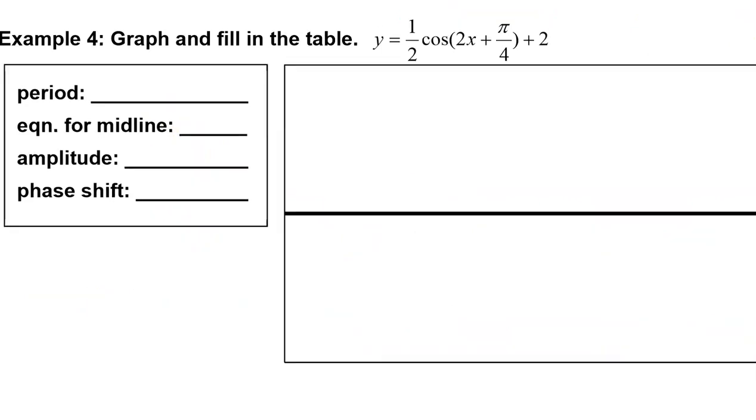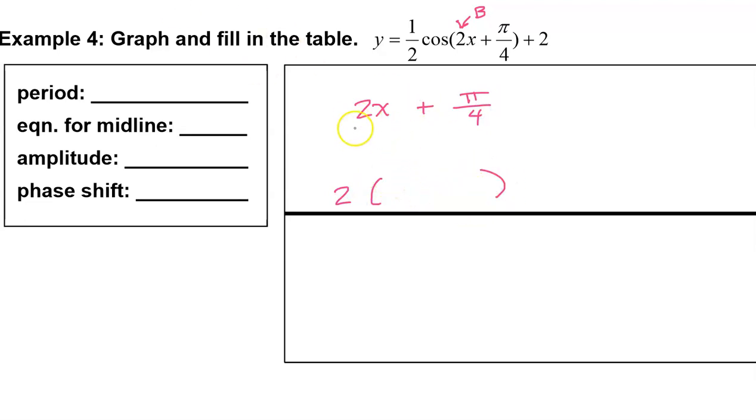I encourage you to pause the video and try to do this next problem by yourself. So the first thing I like to do is factor out the b value, which is right here. So I've got 2x plus pi over 4. But I want to factor out this b value outside of parentheses.